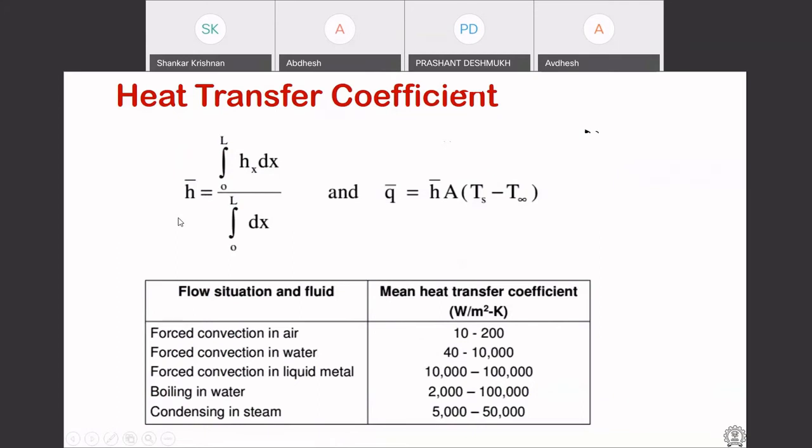And in general, as you all very well know, one typically deals with the range of the average or mean heat transfer coefficient for flow over a given surface, or forced convection in air and water and liquid metal and so on.